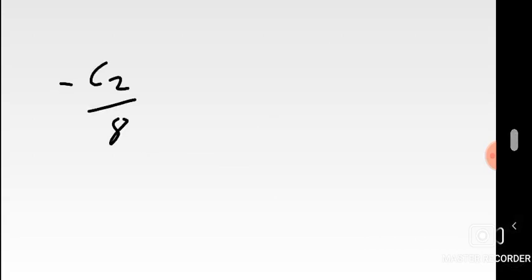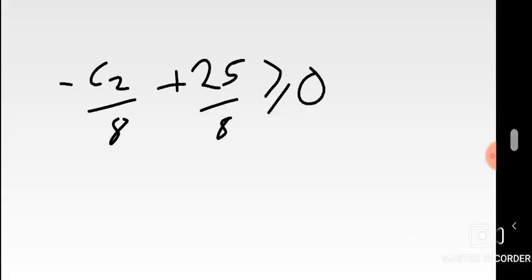Okay, we have these answers, right? Let's just erase the screen quickly. So you have negative C2 over 8, and then you have your plus 25 over 8. And just always do this: when you pick the first treatment, always say greater than or equal to 0. Then make C2 the subject. C2 will be made the subject first by leaving it alone on this side.